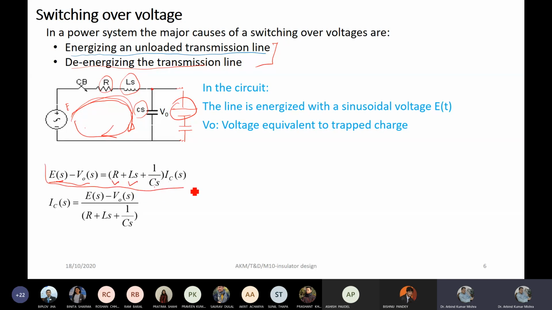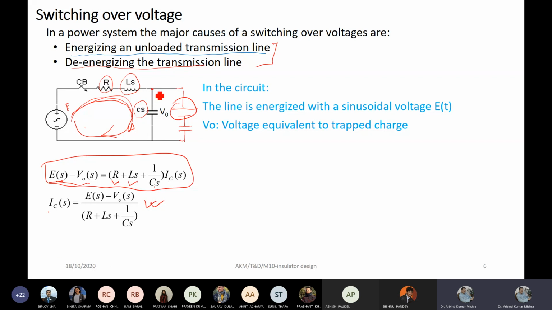This is the loop equation, as you know, and from here you can write the Ic expression as (E minus V naught)(s) upon this. This is very easy, and you have encountered RLC circuits several times.